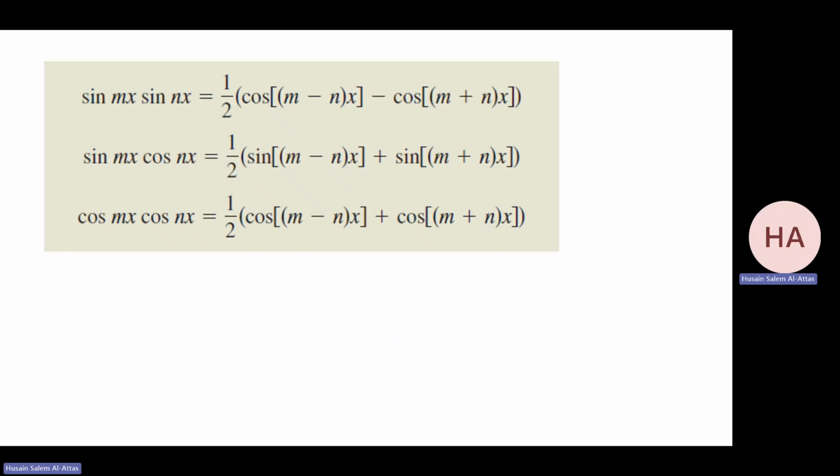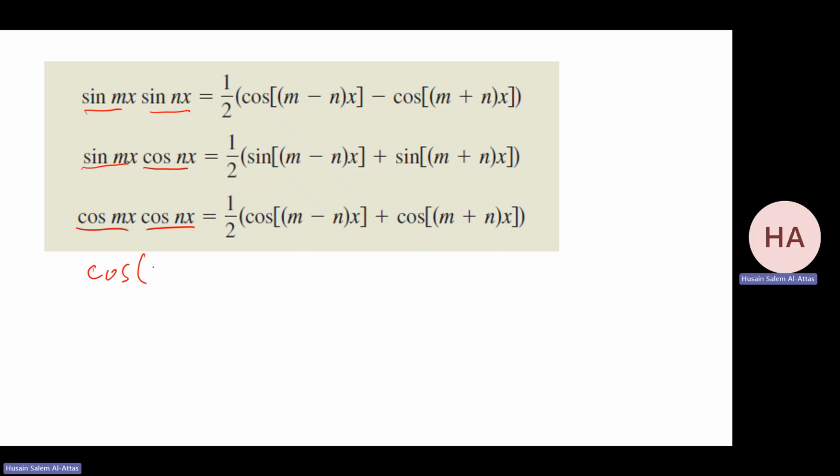Okay, the last thing in this section is about these products: sine mx times sine nx, sine times cosine, cosine times cosine, for which I'm using the sum and the difference of two angles.